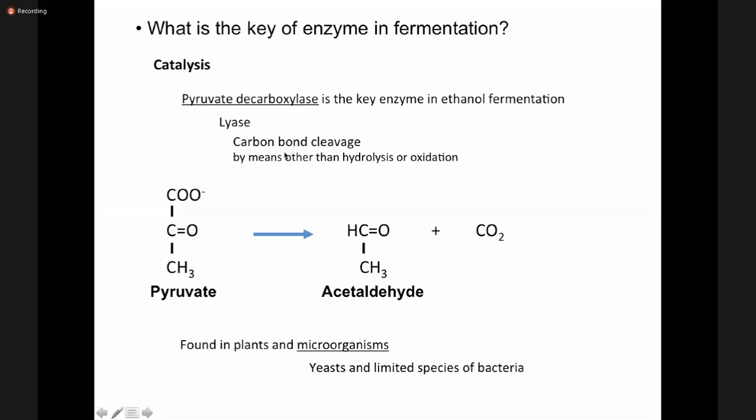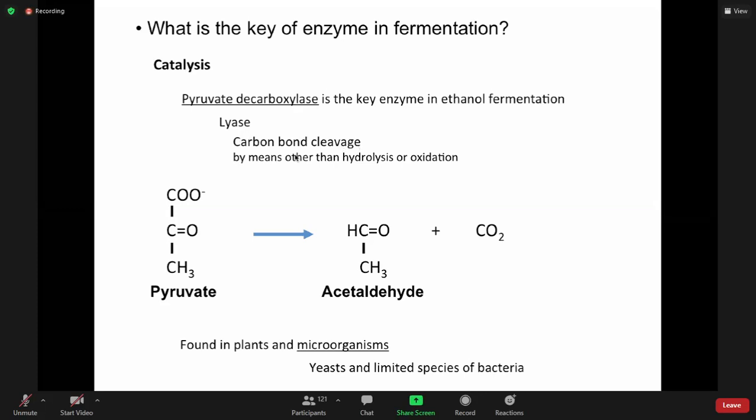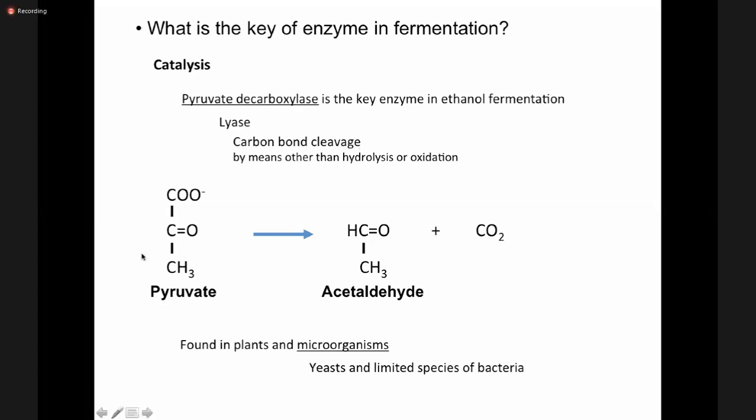So this is a kind of restriction on the grouping of lyase. Lyase is just making or cleavage of carbon bonds like this. Anyhow, this pyruvate decarboxylase catalyzes this reaction and produces acetaldehyde and carbon dioxide from pyruvate.